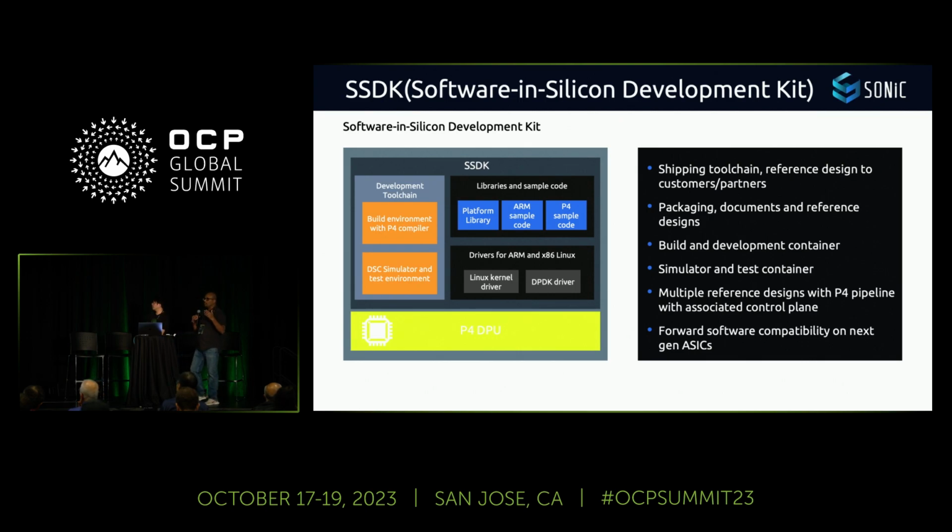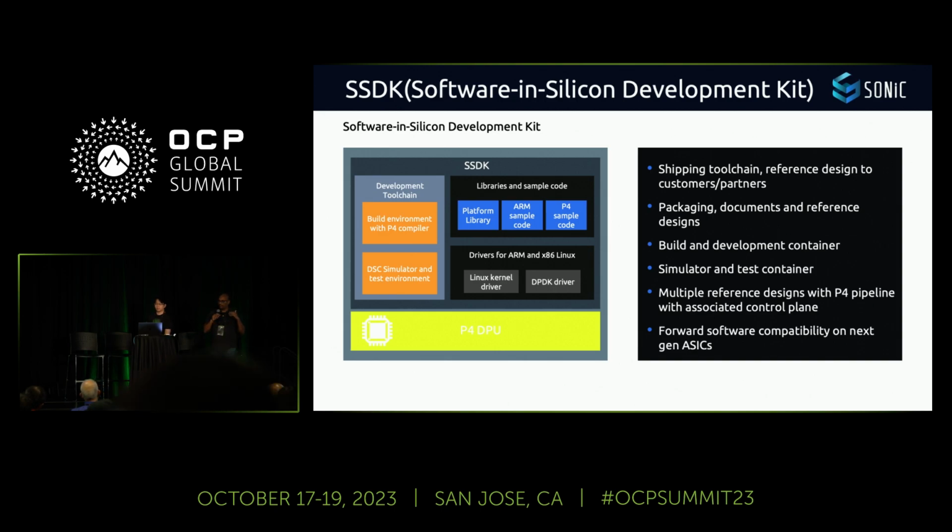So this is the software that allows exercising and using this hardware. It's been shipping for some time. What it ships with is, of course, the Linux kernel drivers and DPDK driver, etc., to interact with the hardware itself.